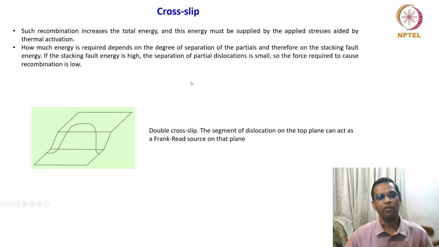So this is one idea. For a very high stacking fault energy material like aluminum, they don't show partials, because if the energy is very high, the force required to cause a recombination is very, very low.